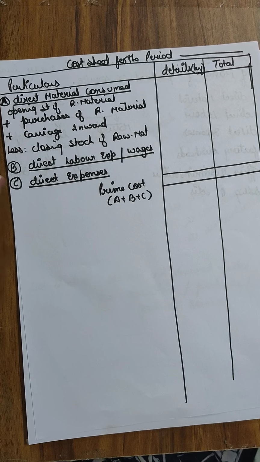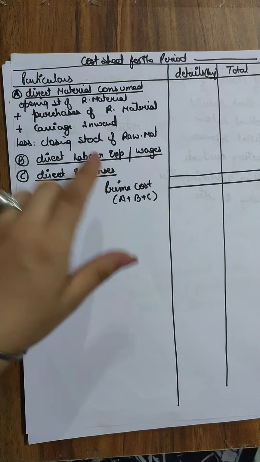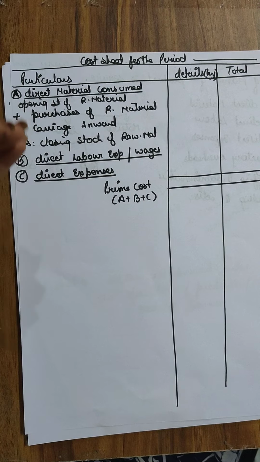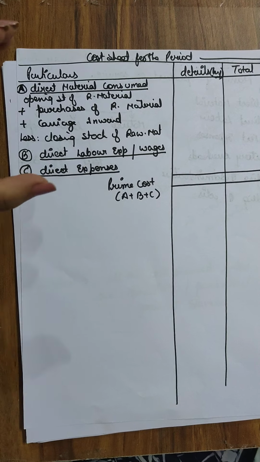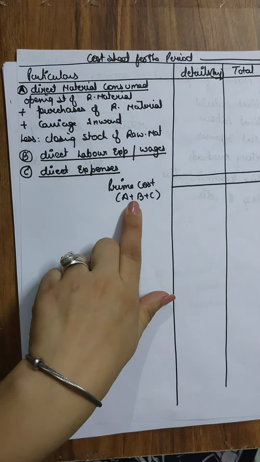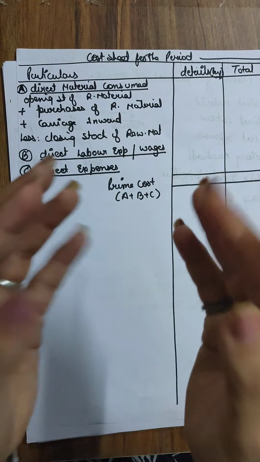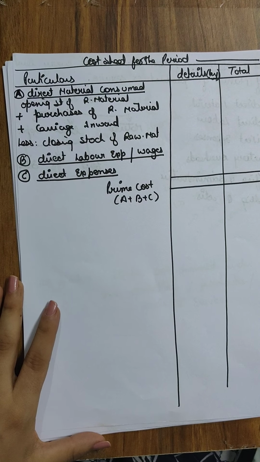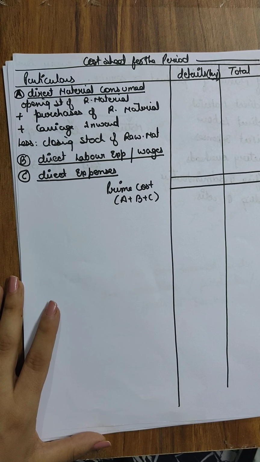Under this classification, the direct cost of the product or services added together. So whatever the direct cost we have incurred, either in the form of material, labor, or expenses, if you make a total of it, it is called a prime cost. Prime means first. So this is the first and the main cost which is related to the manufacturing of something. That is called a prime cost.